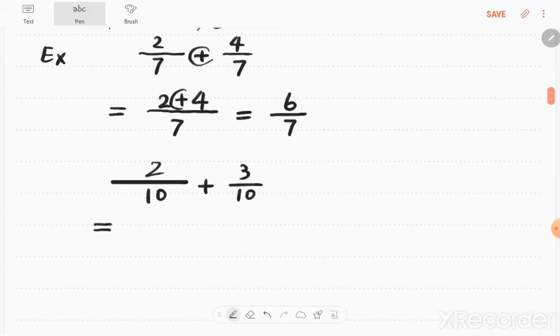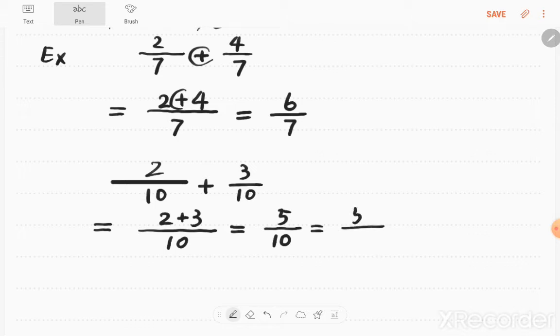Okay, we realize 10 is the common denominator. So we just keep 10 and do the addition with our numerator. So our answer will be 5 over 10, but it's not the simplest form.